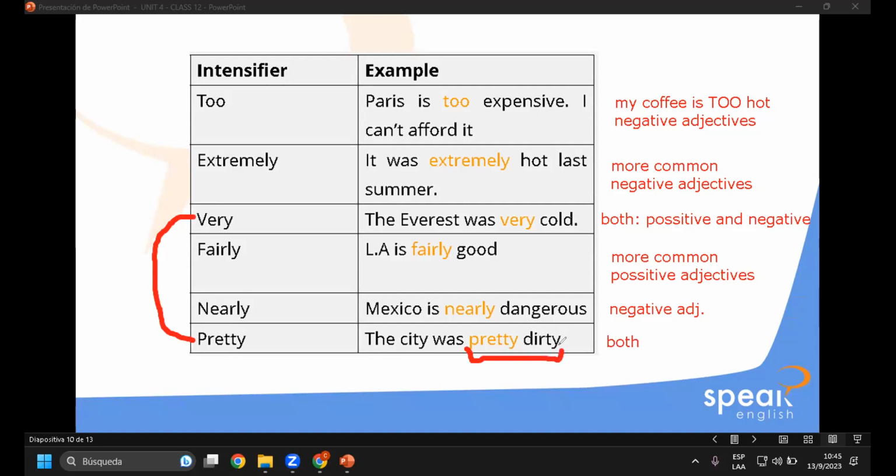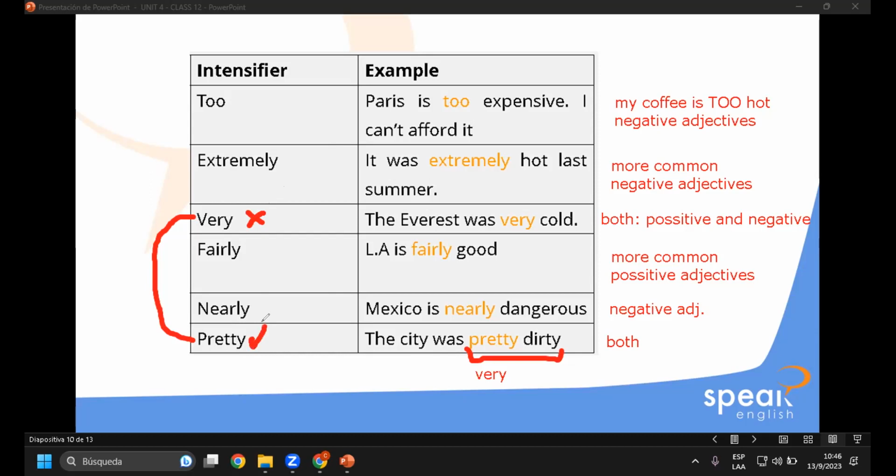What is the translation for this sentence? This is exactly the same as if you say my city was very dirty. So instead of using very, that is one of the most common ones, we can replace it. Let's try to avoid very and let's try to use pretty.